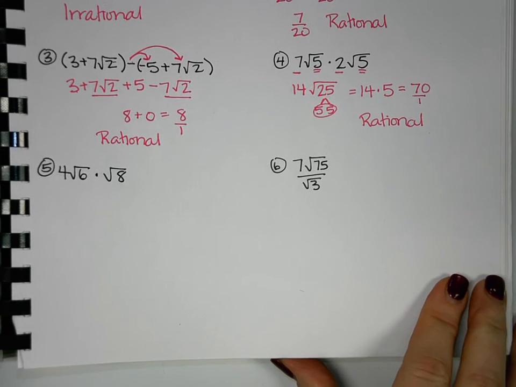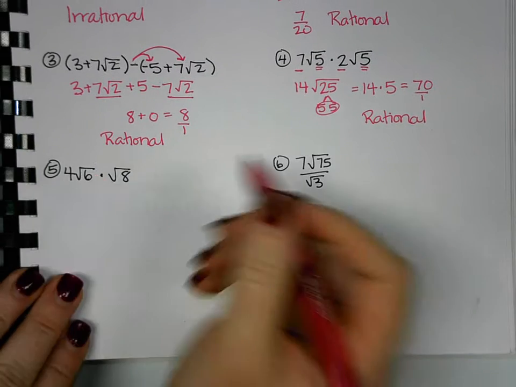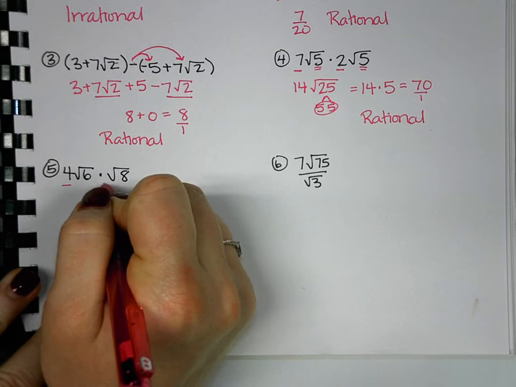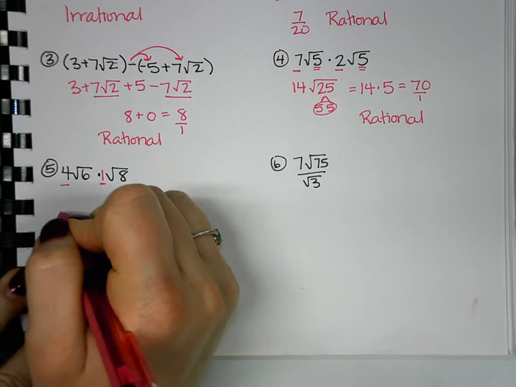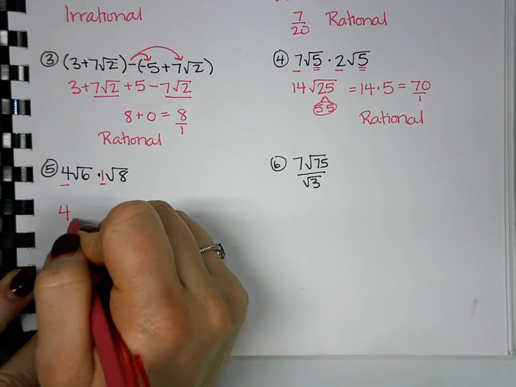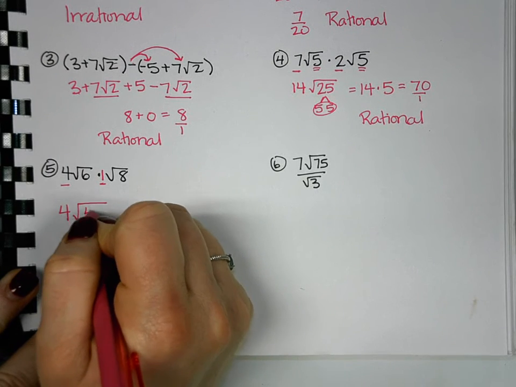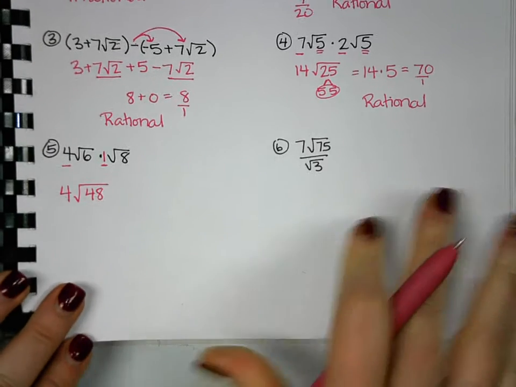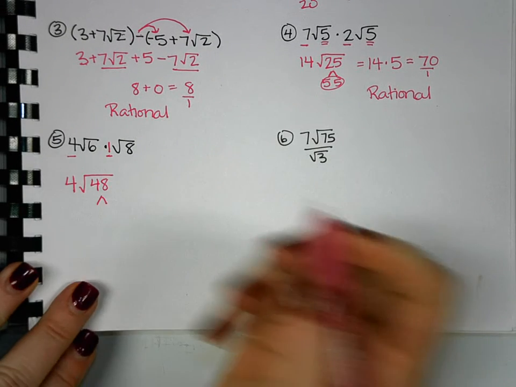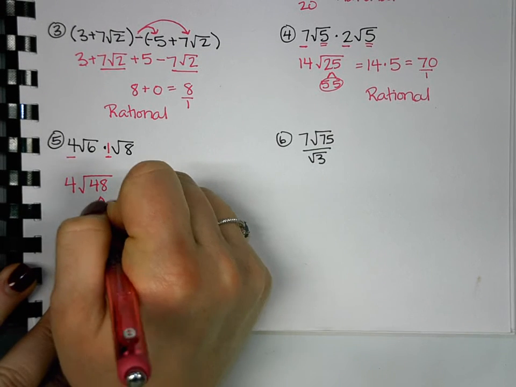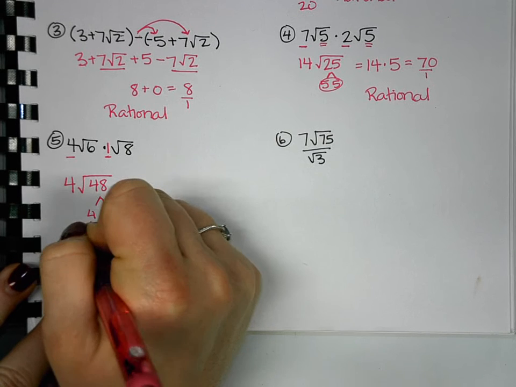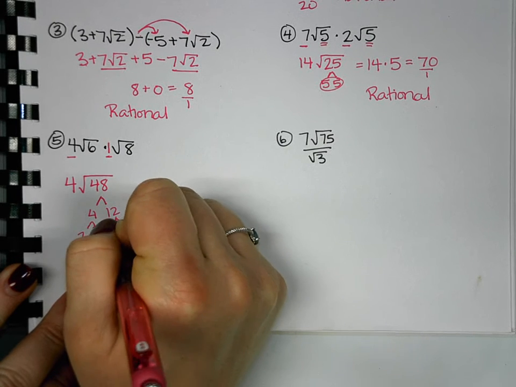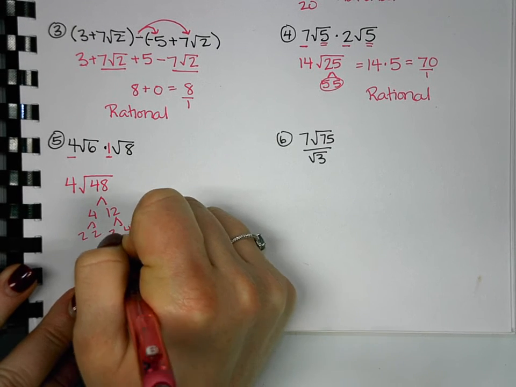Okay, number 5. Just like in 4, we're going to multiply outside with outside, so there's a 1 there. 4 times 1 is 4. Inside with inside, 6 times 8 is 48. Now let's try to simplify. So we'll have 4 and 12, 2 and 2, 3 and 4, 2 and 2.